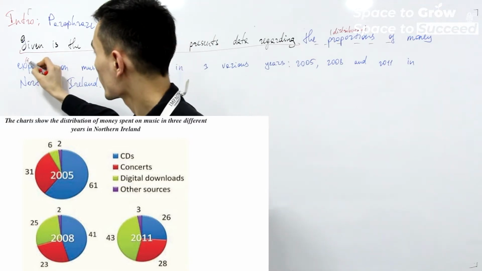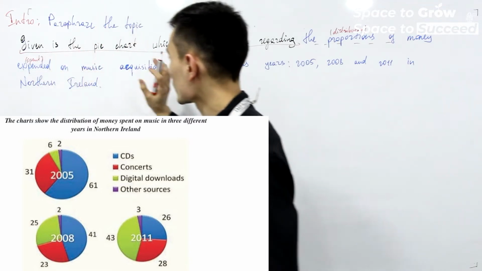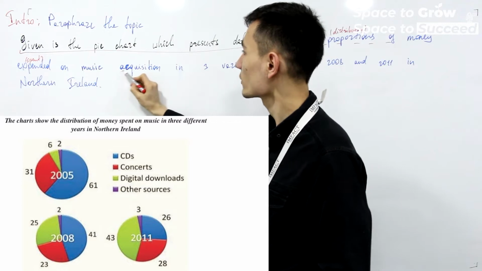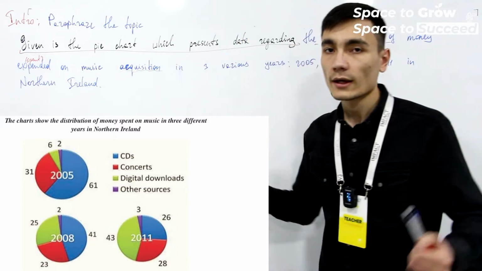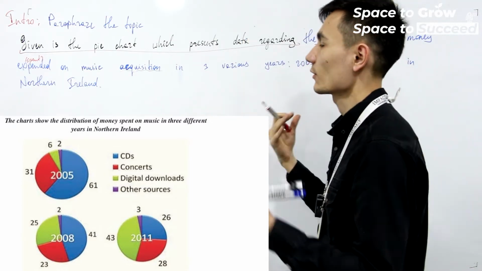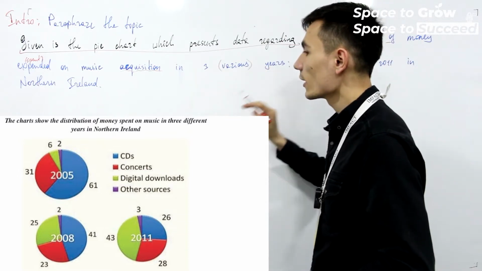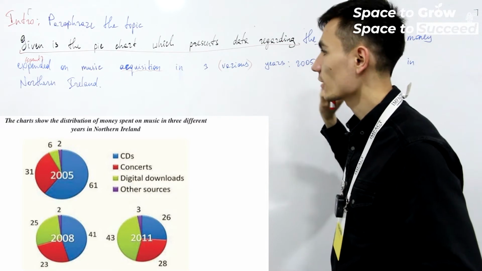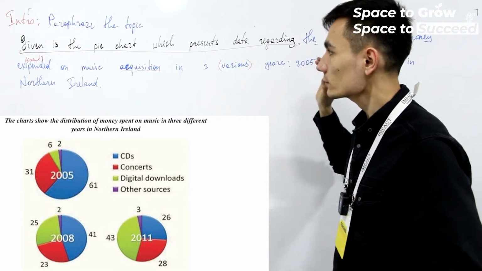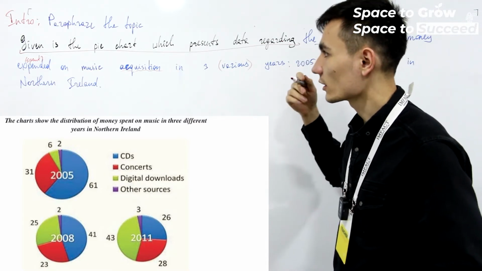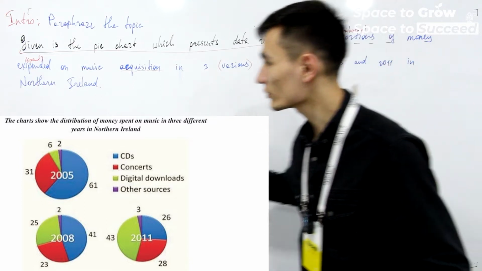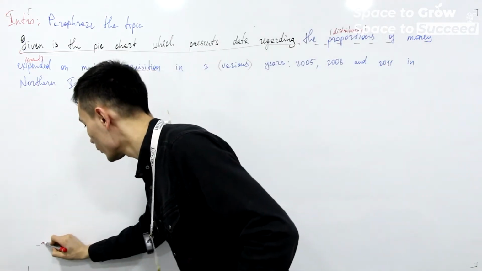So I just write spent here as a paraphrase structure. On music acquisition, I just added the word acquisition because acquiring and getting music is acquisition, in 3 various years. I'm not sure about the word again here, as I talked about this in our table structure, because it's somehow redundant.